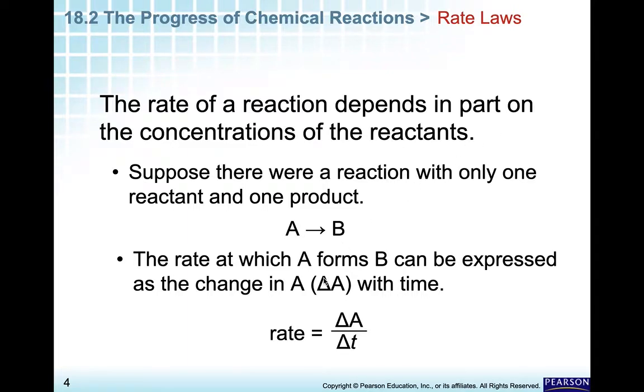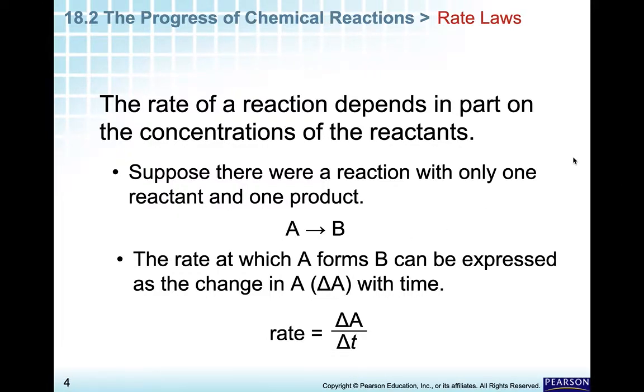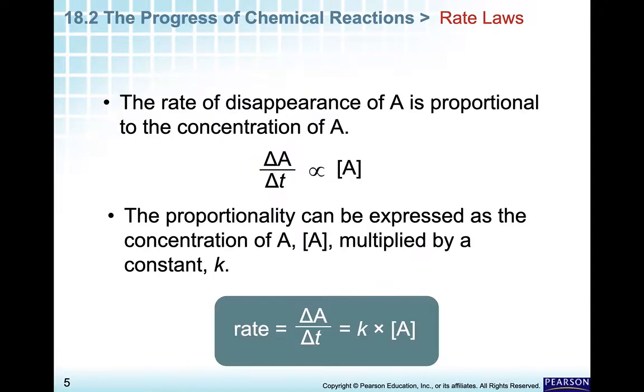The deltas here, these triangles, remember, mean change in. So we have our rate is equal to our change in A over our change in T. The change in the amount of reactant A divided by the change in time T. So this rate, the rate of disappearance of A, is proportional to the concentration of A. If we have a lot of reactant, if we're starting with a lot of reactant, then our reaction can produce product fairly quickly.